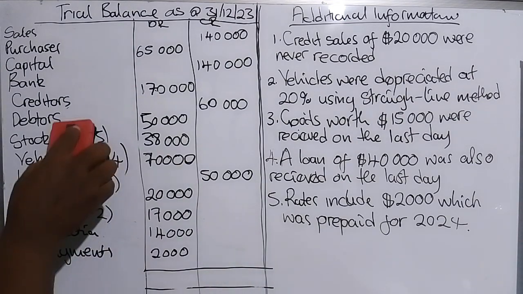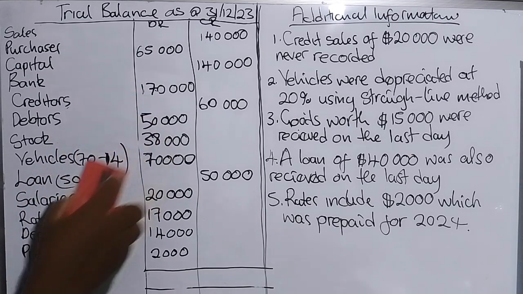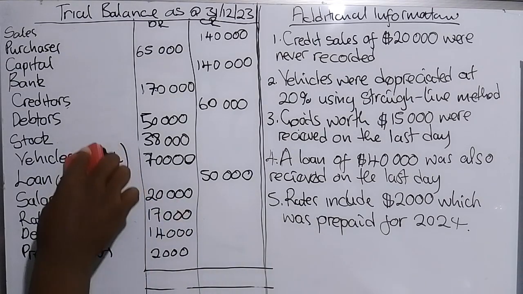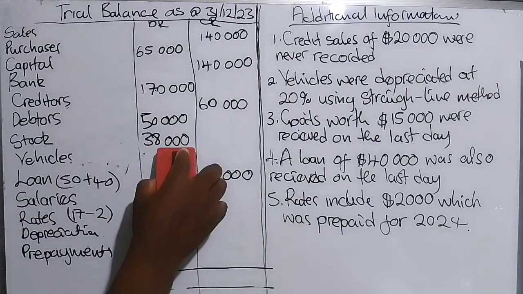We also take a look at vehicles. The vehicles' balance was reduced by depreciation. 70,000 minus 14,000 will give us 56,000. So vehicles will have 56,000.